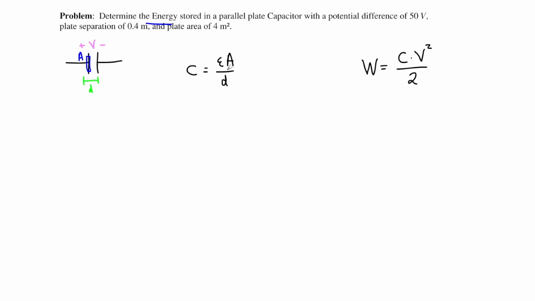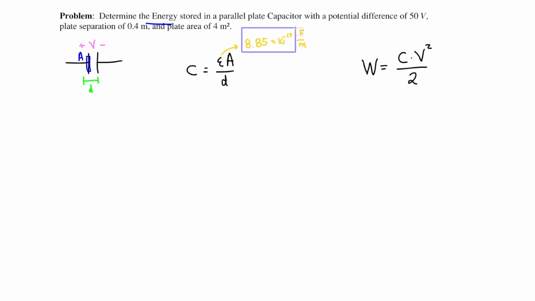Our epsilon is representative of the permittivity of free space, and this value has a constant aligned with air, which we will be utilizing for this example, of 8.85 times 10 to the negative 12th farads per meter.